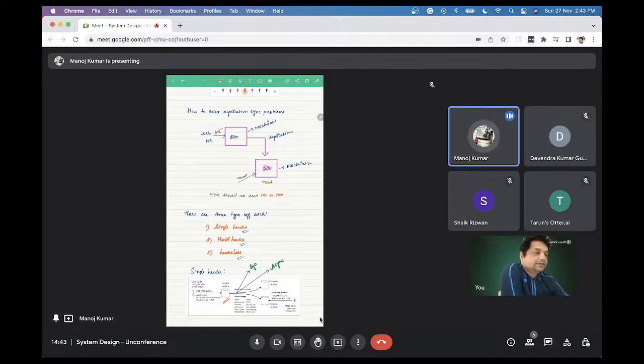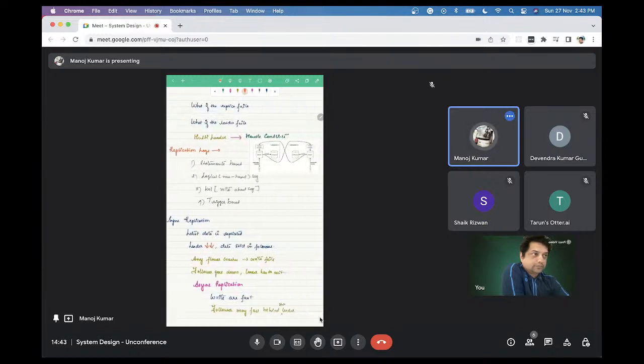I read it a couple of times to really understand what he is trying to tell. It's actually a very good book, Designing Data-Intensive Applications, as I've told many times and would like to repeat. These diagrams I also took from his book, and I would like to credit him.